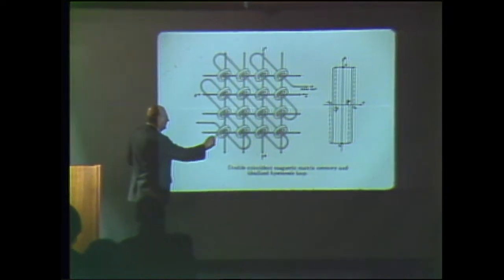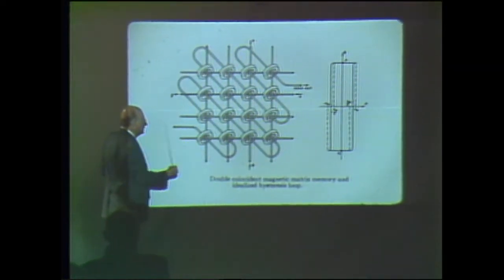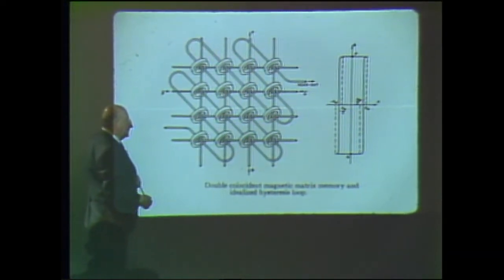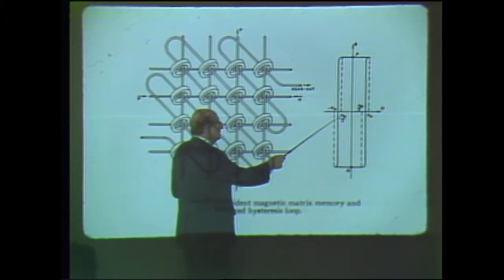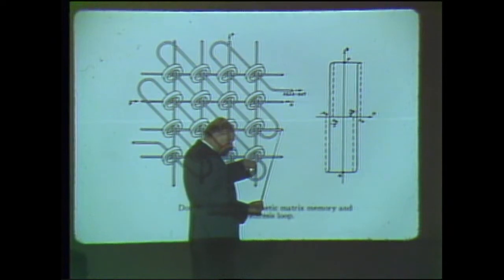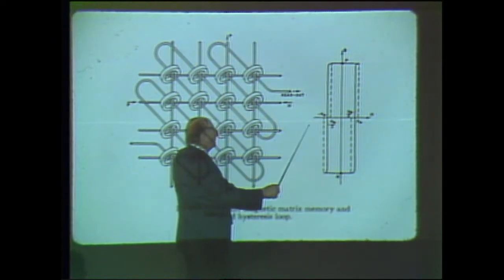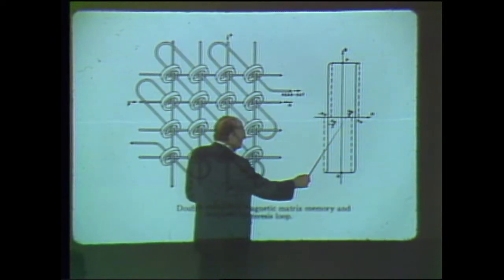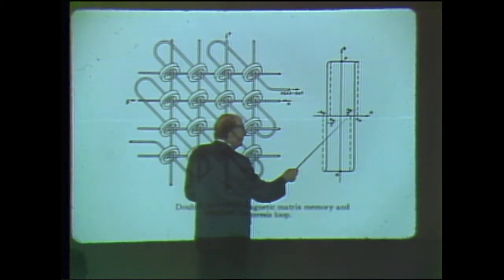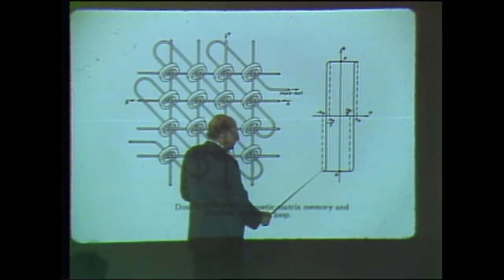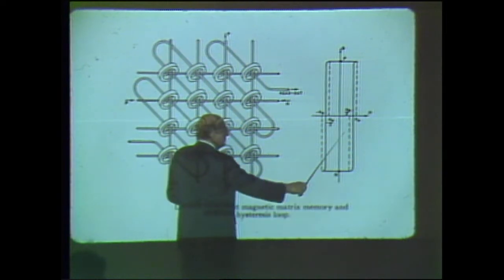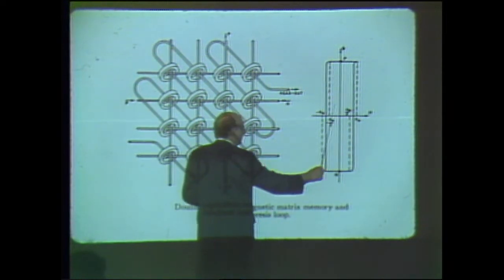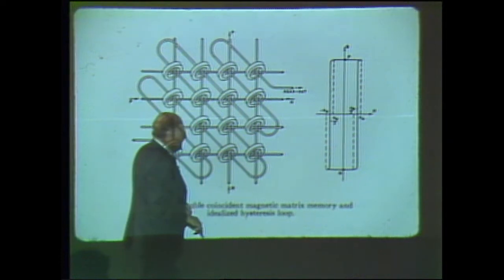If you take a little core of magnetic material, it may have a square loop. That is to say, the induction or the magnetic flux around it as a function of the electromagnetic force that you drive would have an almost square characteristic. In general, it's a more curved characteristic that looks like an integral sign.